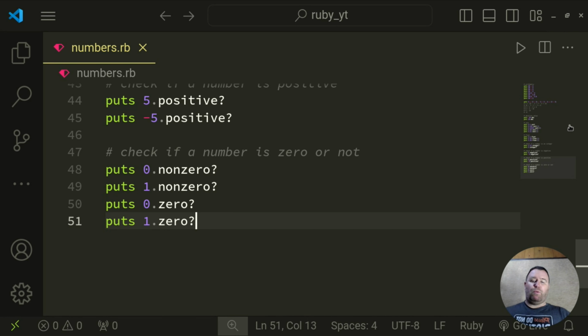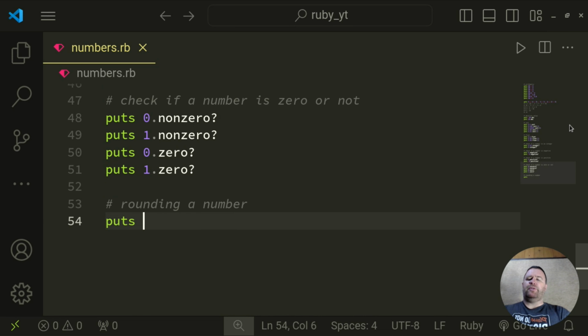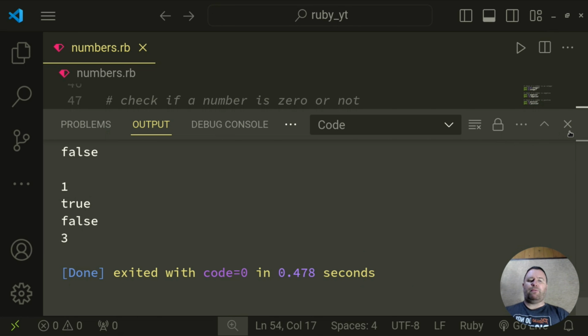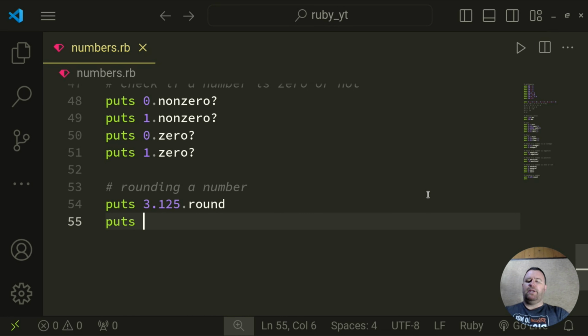You can also round a number. So what we can do is puts 3.125.round, and let's just round it this way, and we get 3, so that's the nearest whole number. We could also do puts 3.125 and round to, say, the second decimal place.